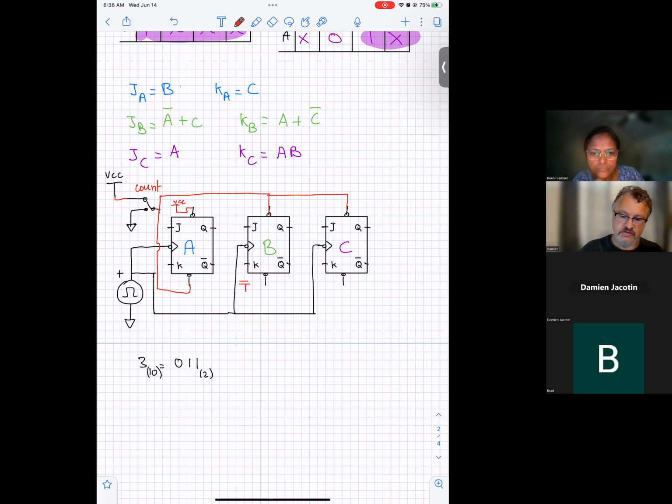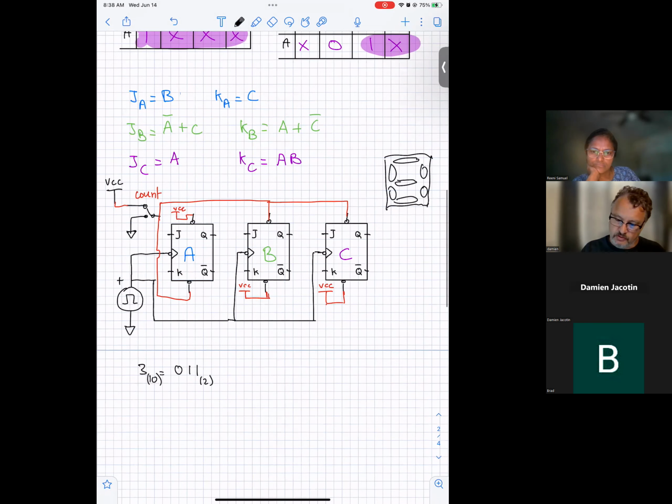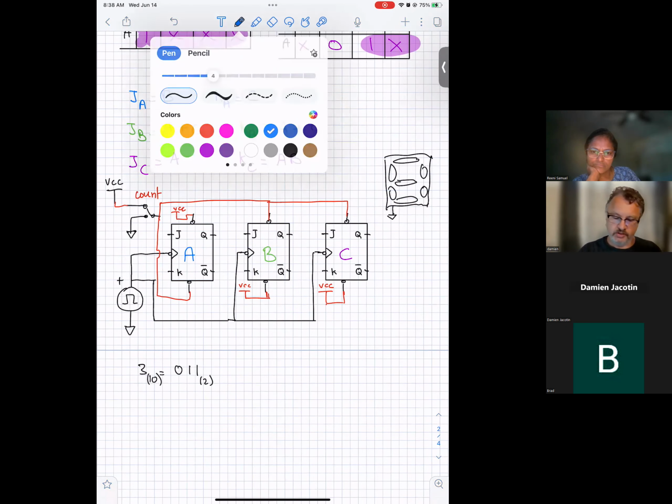Another VCC, connected like this, and another VCC connected like this. Okay. Of course, I'm going to have a 7-segment display, or I can have the fake one with the X display like this. And the most significant bit is going to be grounded, and the others are going to be connected correctly.